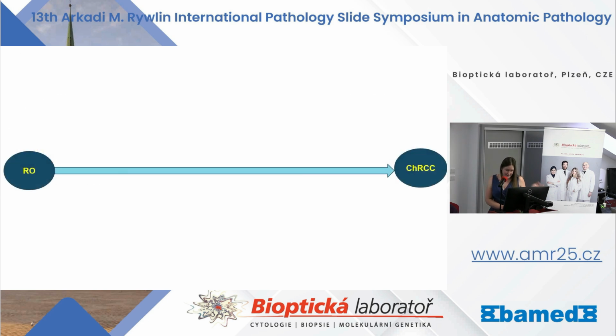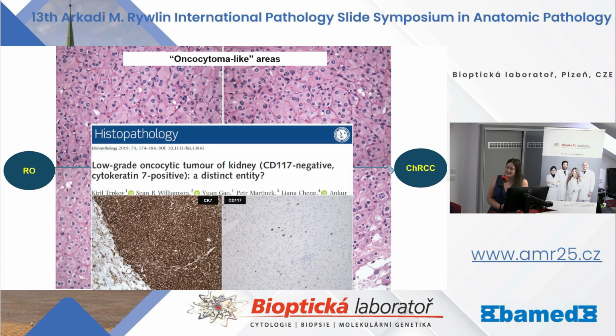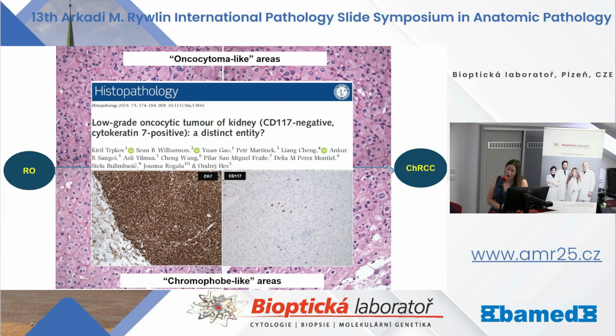I told you that the cases in between may share the morphology. Sometimes so. Ondra and Kirill noted that there are cases which share oncocytoma-like areas and which are merging with some chromophobe-like signs, such as perinuclear clearing, and collected a cohort of this tumor and stained it with the same immunohistochemical panel.